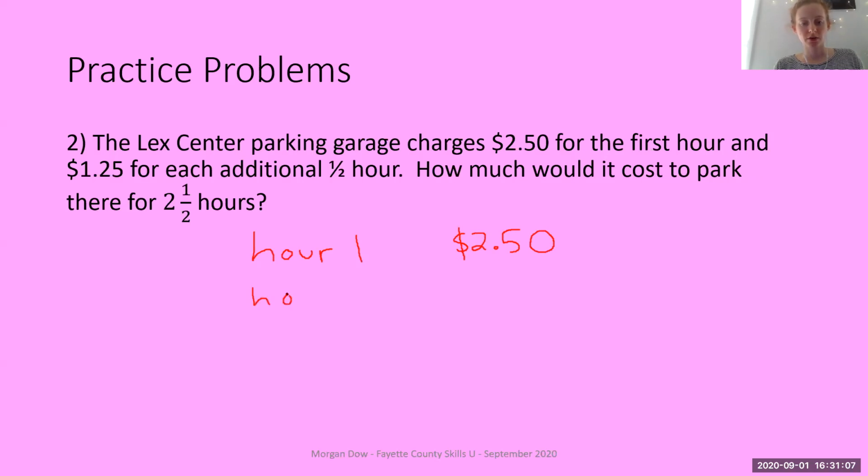So after the end of 2 hours, how much more have we spent? Well, that would be another half hour, just $1.25, and another half hour after that. So it's going to be another $2.50. And in total, we spent $5.